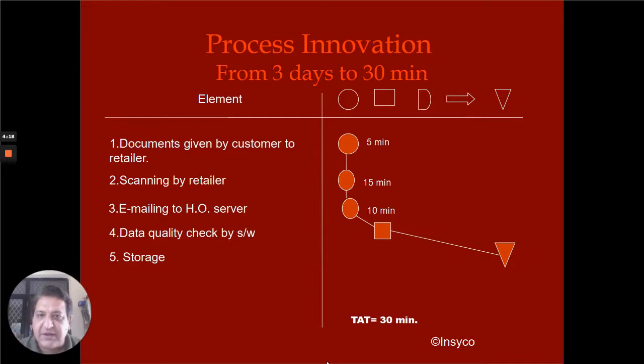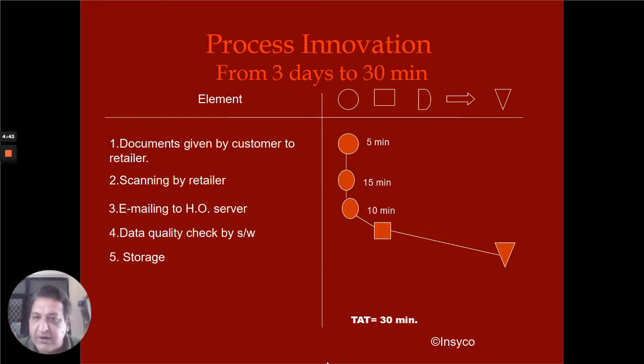Now this is an example of process innovation. The documents are given by the customer to the retailer, and rather than the retailer sending the documents, they are scanned by the retailer, and this takes a minimum amount of time. For that purpose, the telecom company has to give a document scanner to the retailer, and this barely takes 15 minutes per set of documents. And then these are emailed to the head office server by the retailer himself or herself.